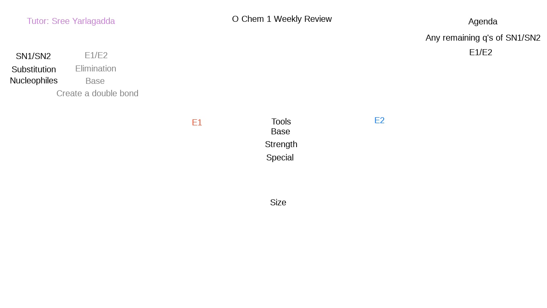Okay, so can anyone tell me what the strength of the base for an E1 mechanism is? Is it a weak base or a strong base? That's correct. It's similar to its SN1 component.